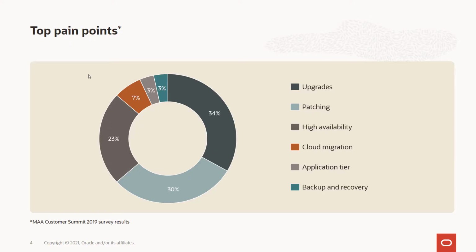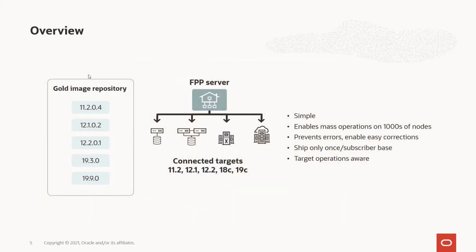Understand that it's not always easy to have proper, easy patching when customers have many databases. That's why we have developed this product, Oracle Fleet Patching and Provisioning, or FPP, a product and also a new way of patching databases and clusters.